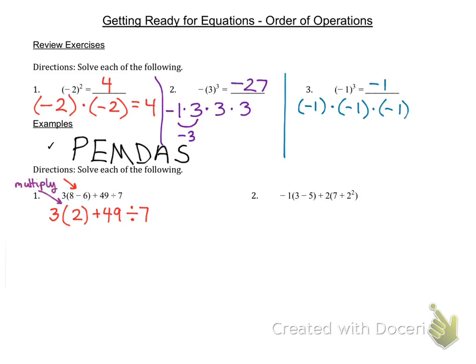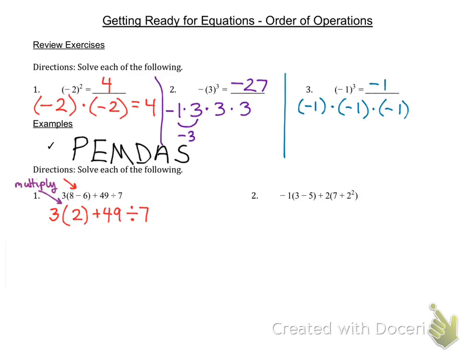So make sure that you can tell the difference whether they're grouping parentheses or whether they mean multiply. Okay, so next step is, are there any exponents? I'm looking, there's no exponents. Is there any multiplication or division? Well, I see that there's 3 times 2, that's multiplication, and there's 49 divided by 7.